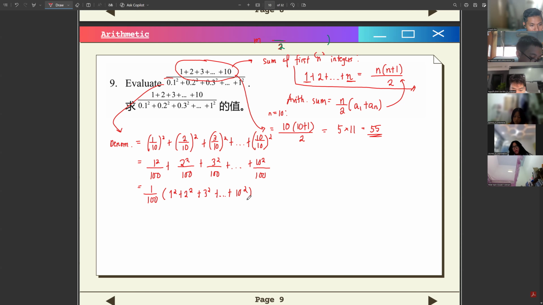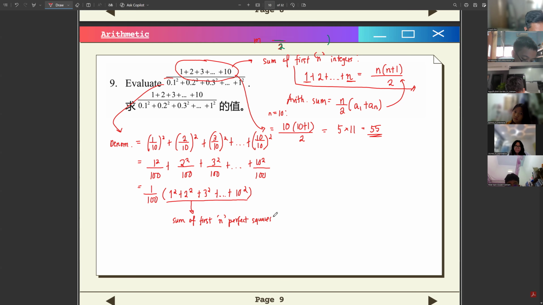So what is this sequence? This is the sum of the first 10 perfect squares, right? But for our n perfect squares, do we know the formula? Do you guys recall this formula?